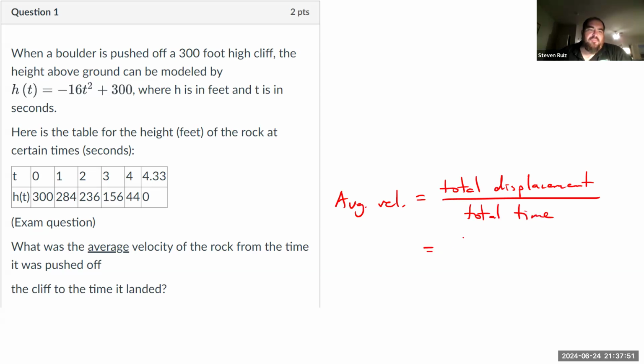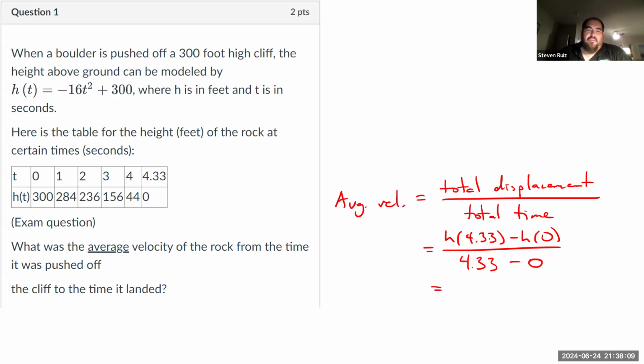So what was the total displacement? The way I'm going to get that is by my final height, h of 4.33 seconds, minus my initial height, h of 0, divided by the separation in time.